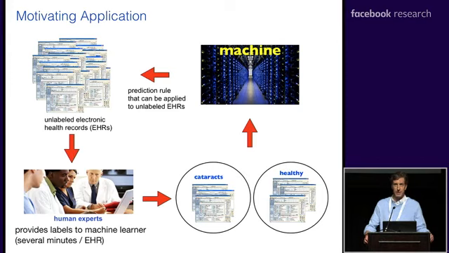And these experts are clinicians who typically get paid maybe $100, $200 an hour. So these labels are expensive. And the idea is that we're going to try to get that human expert or team of experts to label some subset of these electronic health records to teach the machine. And the active learning idea is that as the machine is learning to build up this model, it's going to automatically select specific unlabeled electronic health records that it wants the team of experts to label.